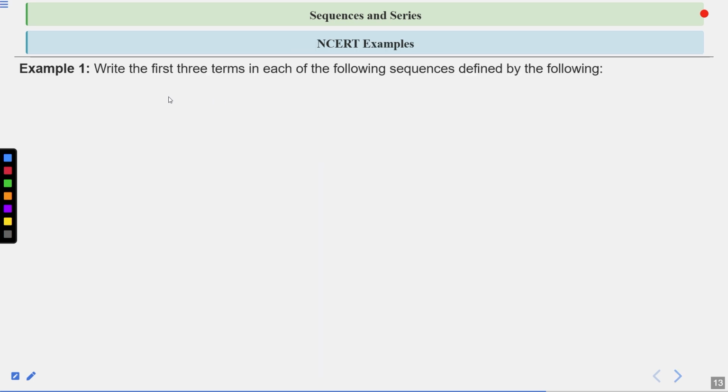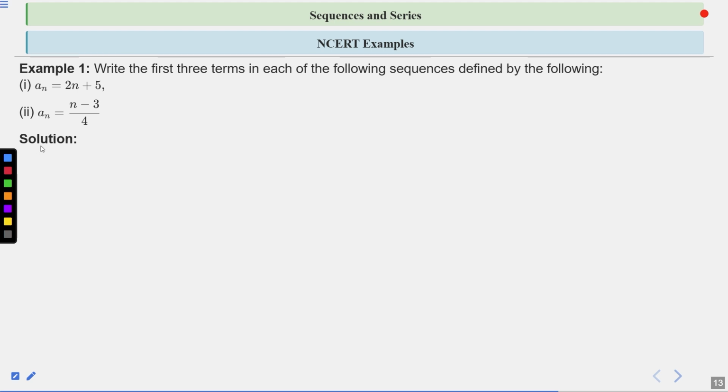Let's see some related examples. Write the first three terms in each of the following sequences defined by: first, an, meaning the nth position of your sequence, is given by 2n plus 5. Second, the nth term of your sequence is given by (n minus 3) by 4.